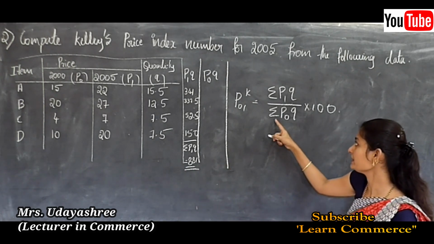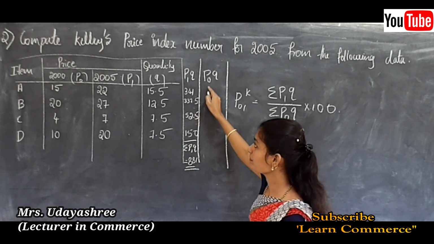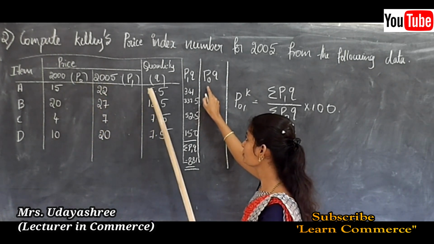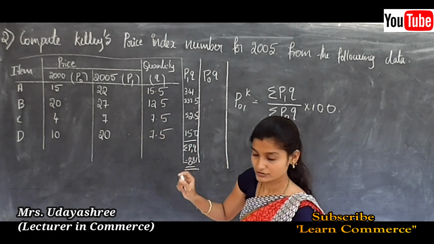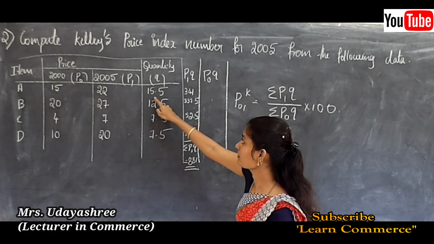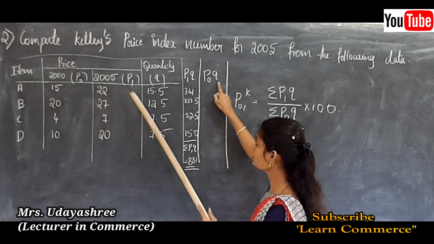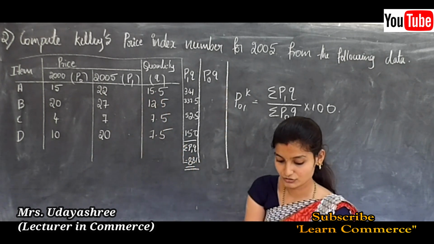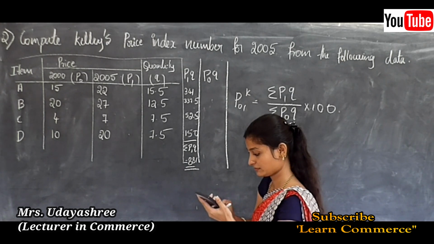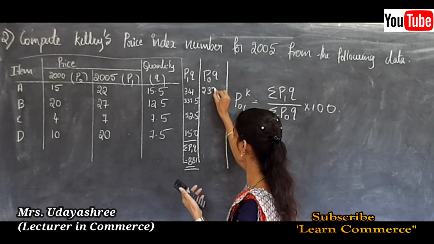Next, what we need? Sum of P0 Q, so the next column is P0 Q. Here P0 is 15, then Q is 15.5. So 15 into 15.5 is 232.5.